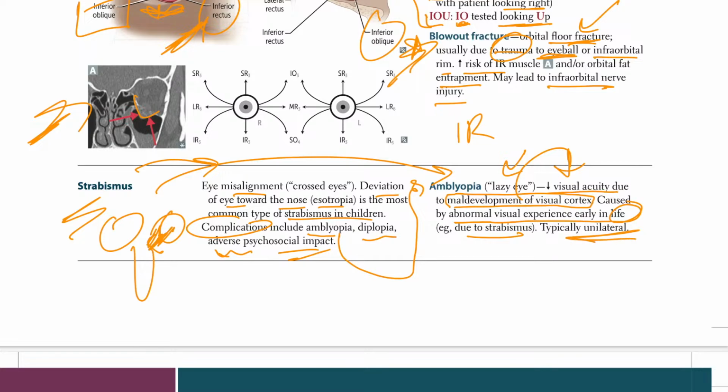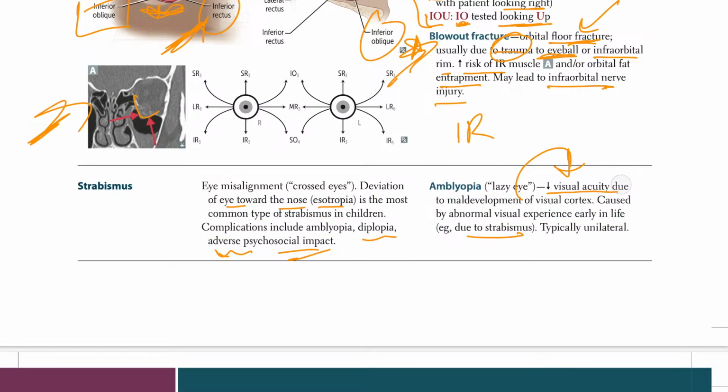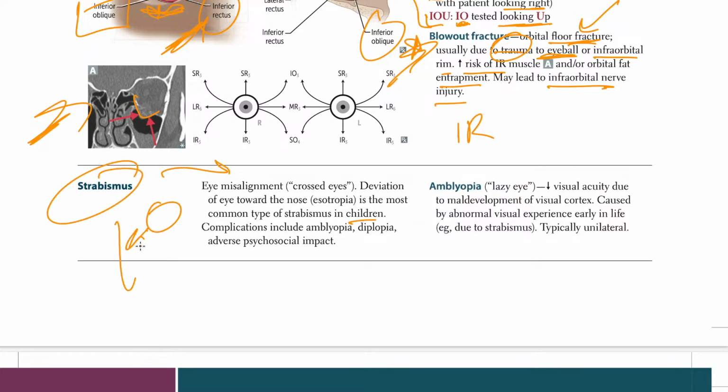Okay, so let's just recall strabismus again. It is the misalignment in children. If you see one eye is misaligned in a child, deviated towards the nose, that's strabismus. But it could complicate into amblyopia, which is that side would not even develop because it was a child, right?